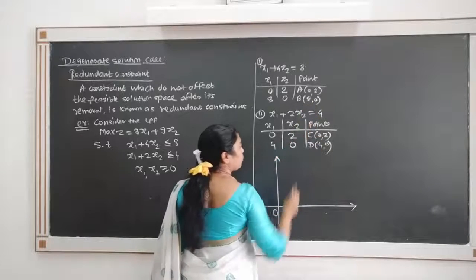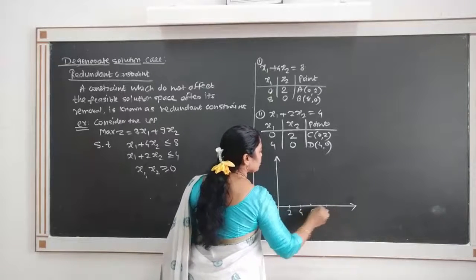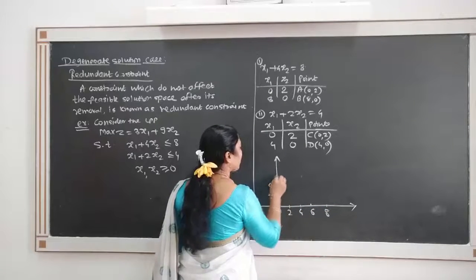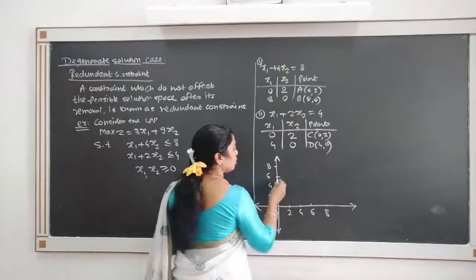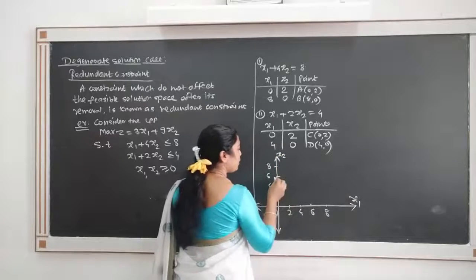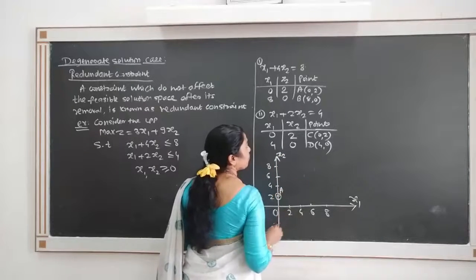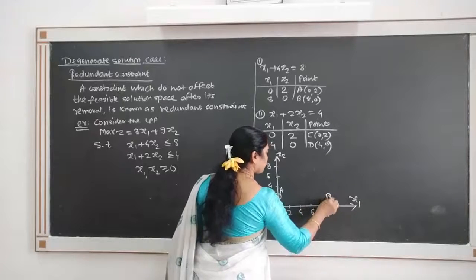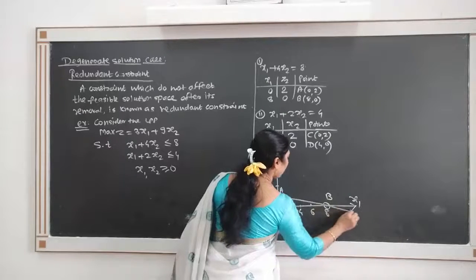We have to go up to 8 on x-axis, so I will take the scale 2, 4, 6, 8. Similarly on y-axis, the first point is 0, 2, A point. B point is 8, 0. Join A and B to get the first line AB.